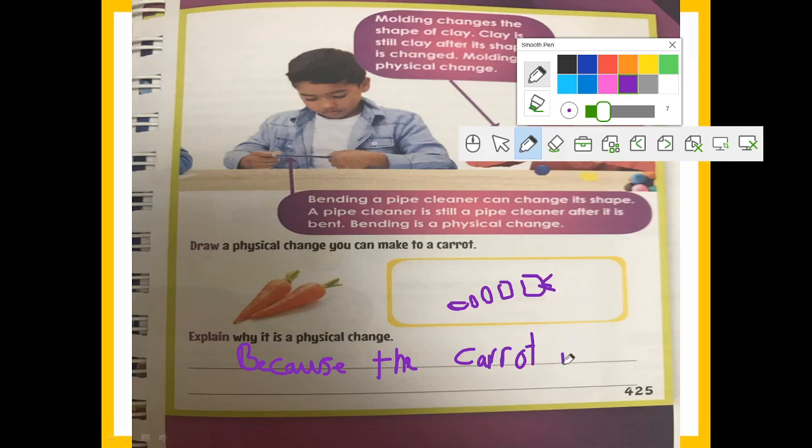Carrot is still carrot after and before cutting, right?